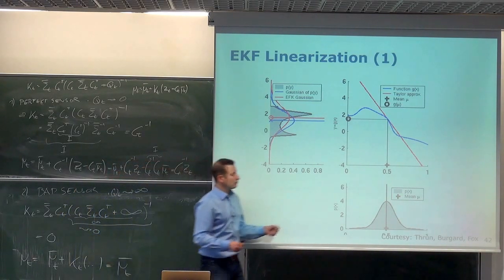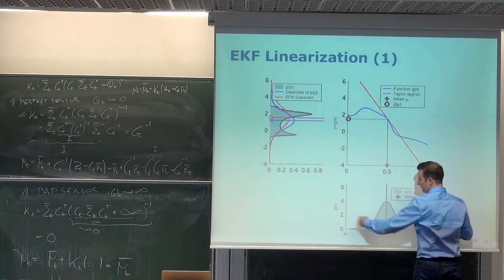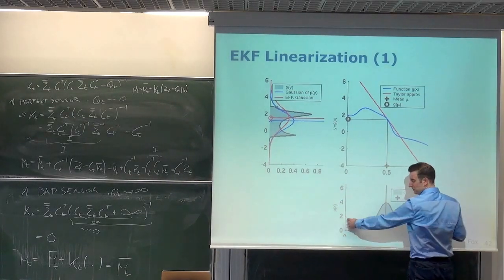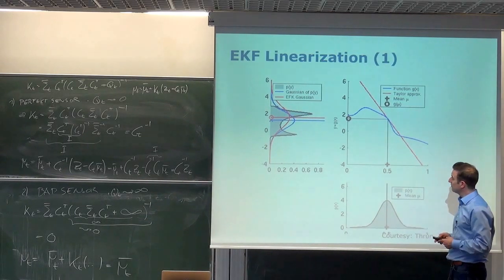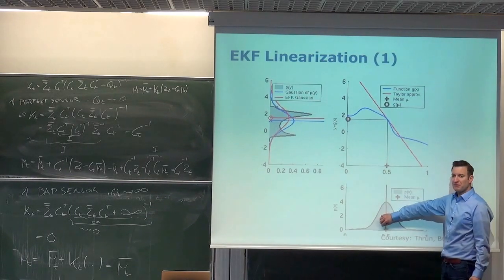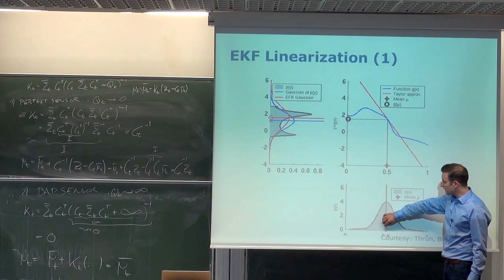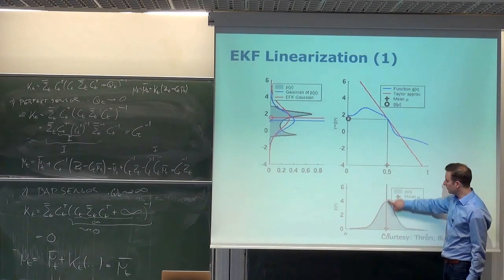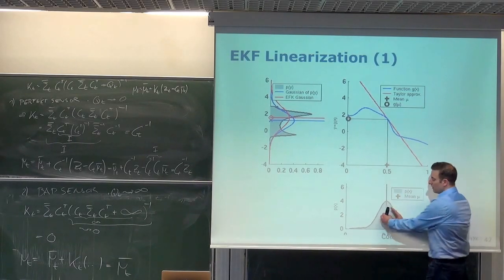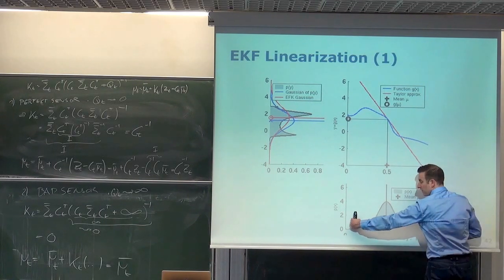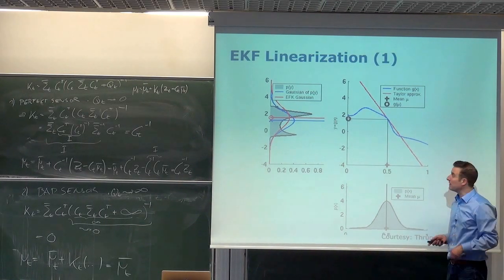So if I now increase the variance here, so I have a larger uncertainty, that means the probability mass will be spread further away from the linearization point, so from the mean, which is the linearization point. So more probability mass sits further away from my mean.